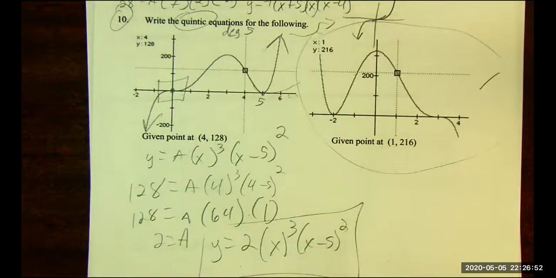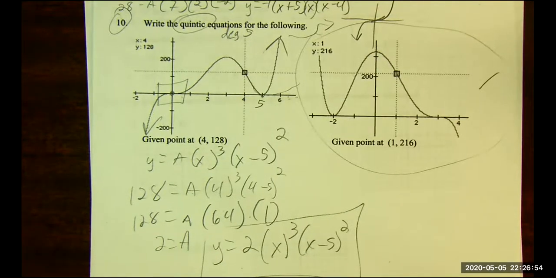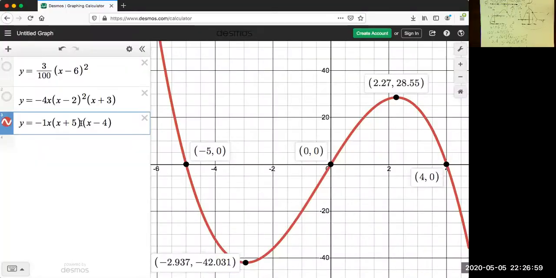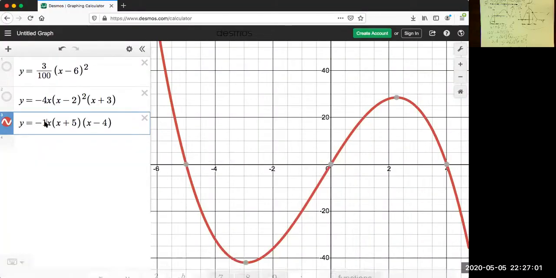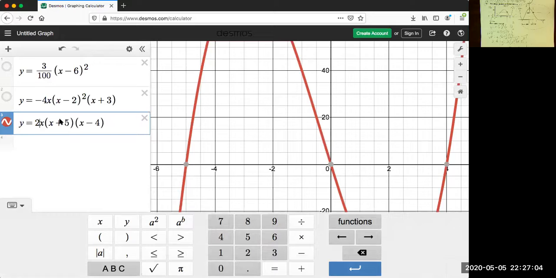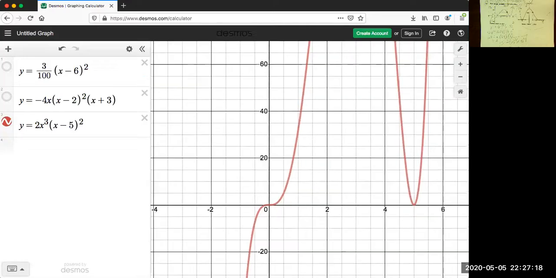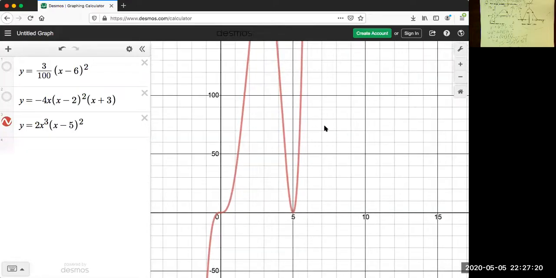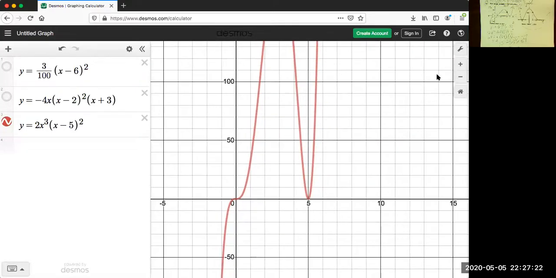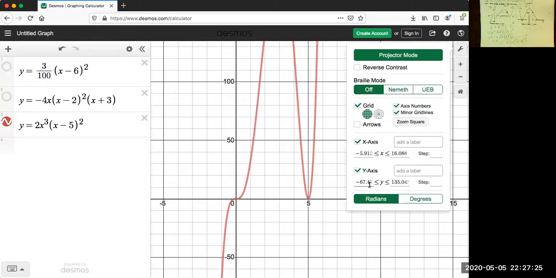This looks like fun, so let's graph this for the heck of it. Okay, I'm going to adjust it slightly for our graph.